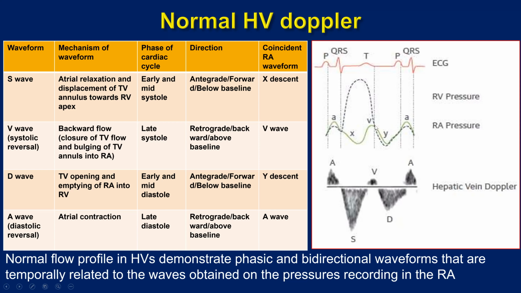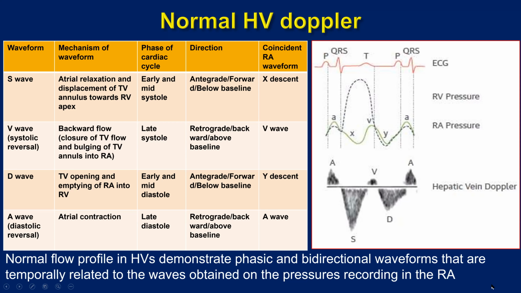This coincides with the Y descent of the RA, because this is the emptying of the RA. When the tricuspid valve opens, this will lead to flow of blood from the right atrium to the right ventricle, and this will be forward flow. And usually the S wave is bigger than the D wave.